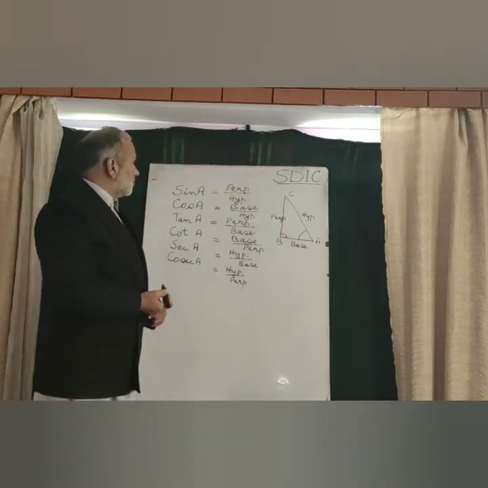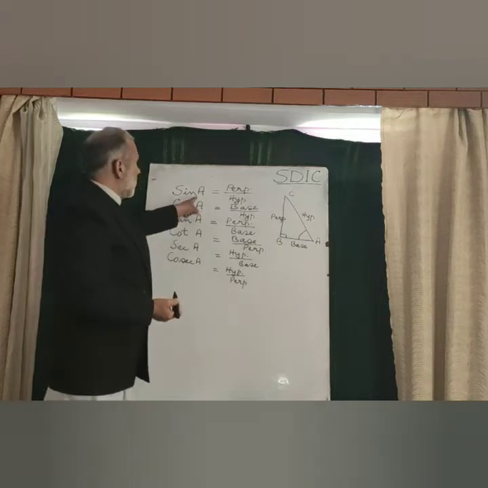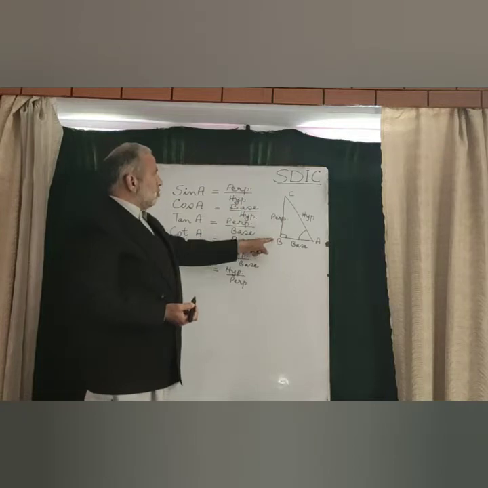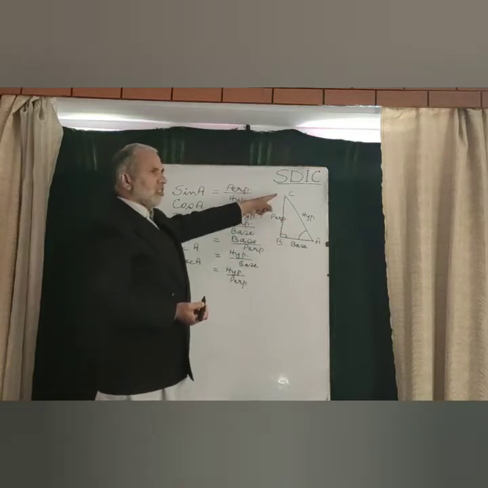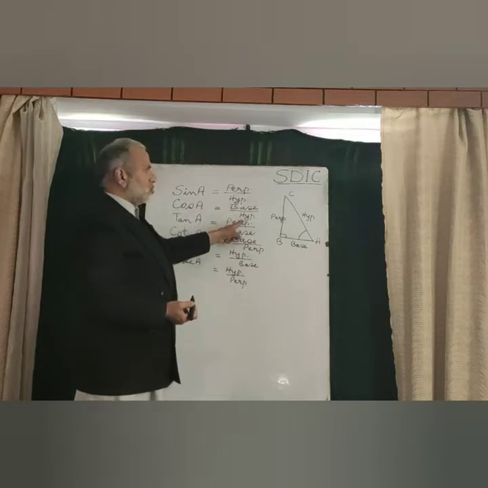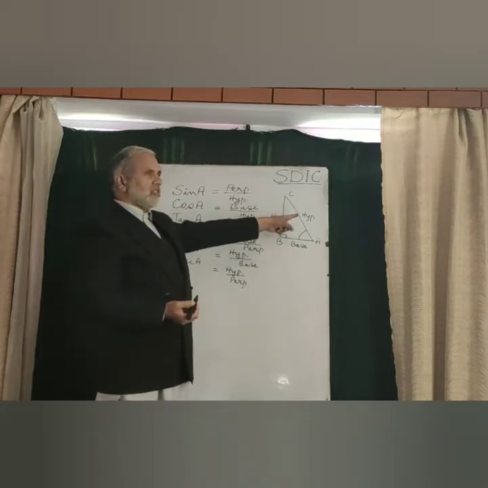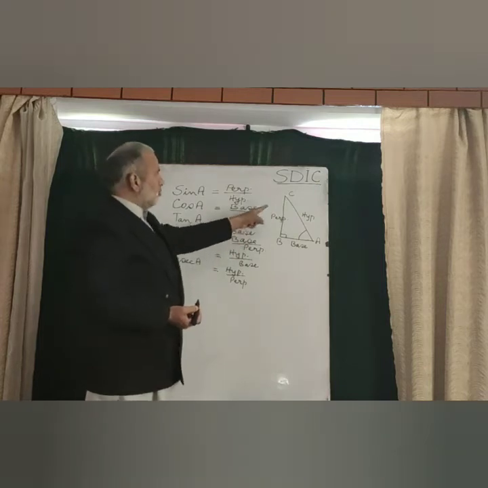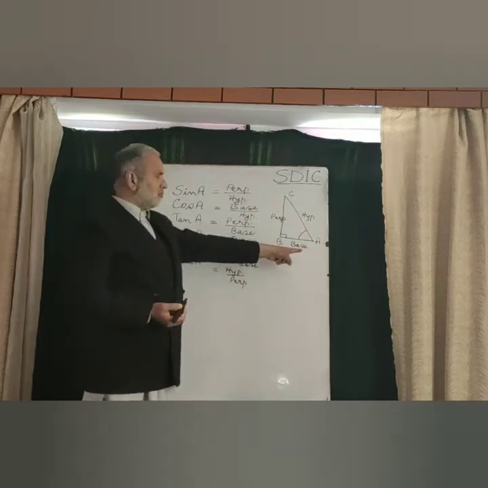And therefore sine A, perpendicular by hypotenuse, will become BC by AC. Cos A, which is base by hypotenuse, will become AB by AC. Tan A, which is perpendicular by base, will become BC by AB.